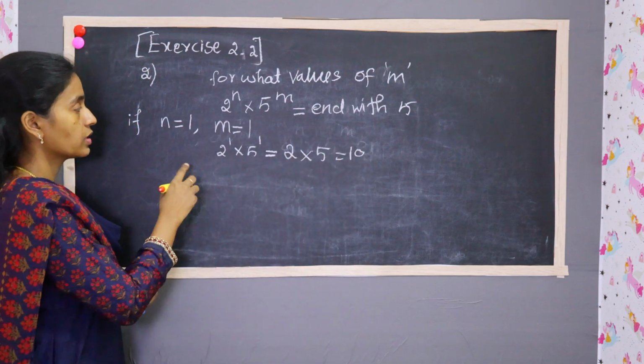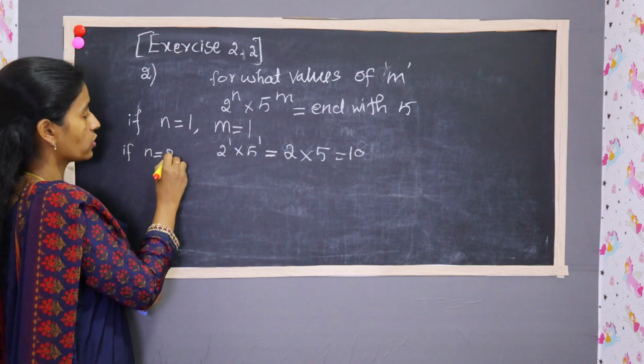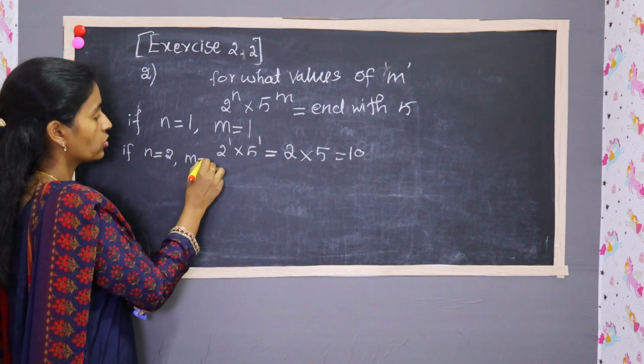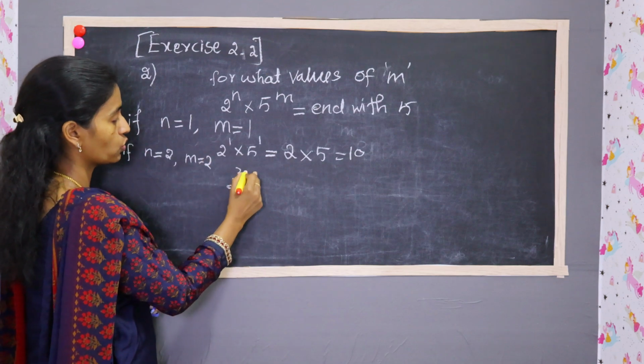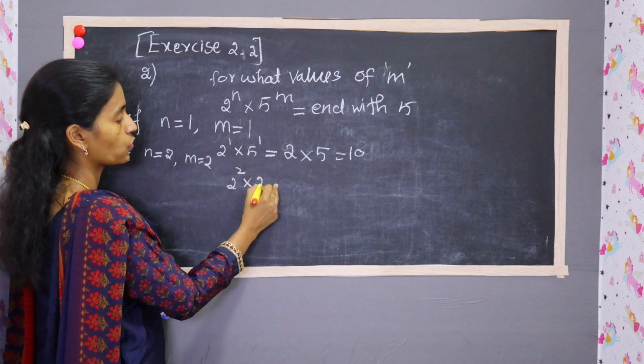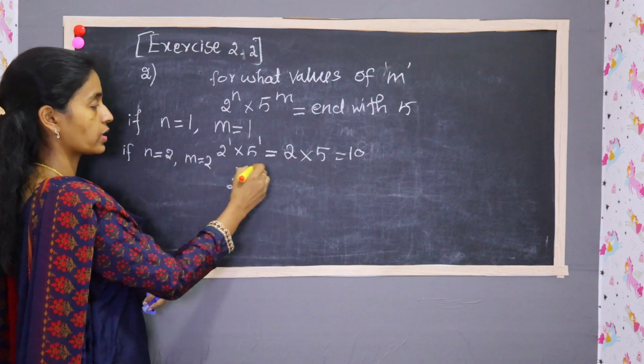Next one. If we apply n equal 2 and m equal 2, we'll be getting 2 power 2 into 5 power 2, right?